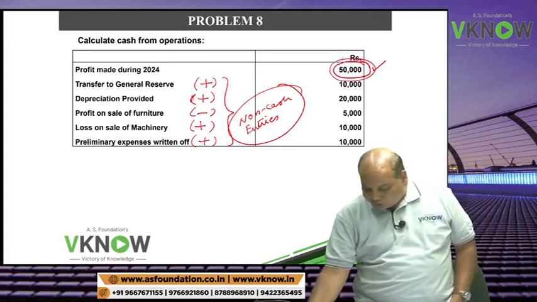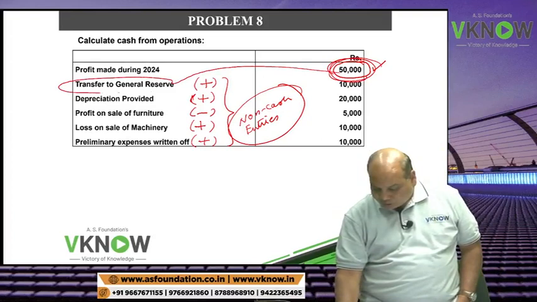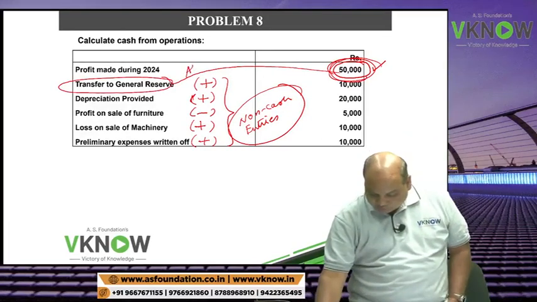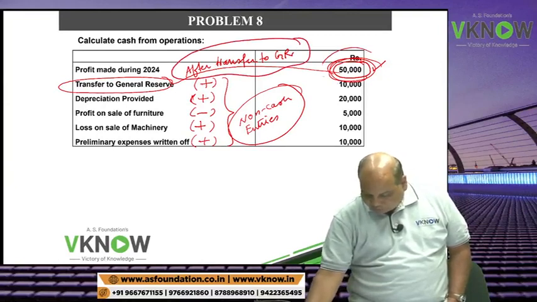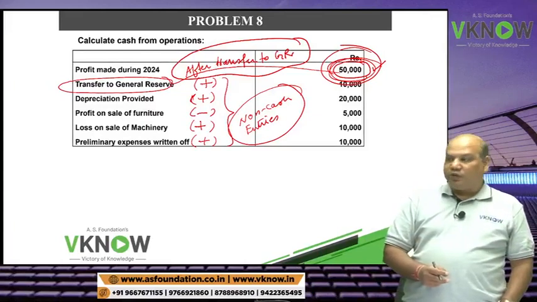We are assuming that this 50,000 is after transfer to general reserve.